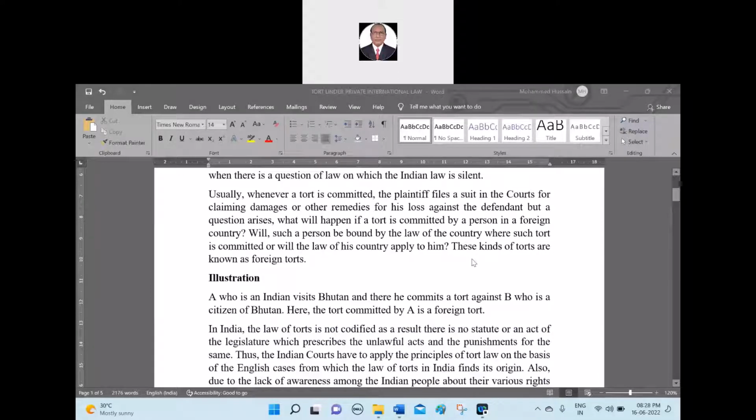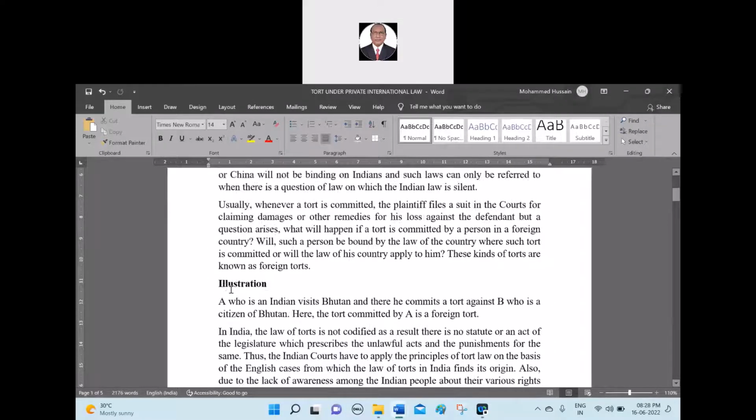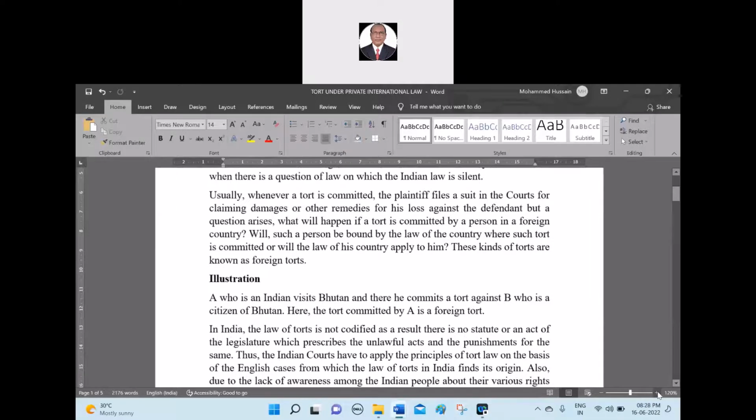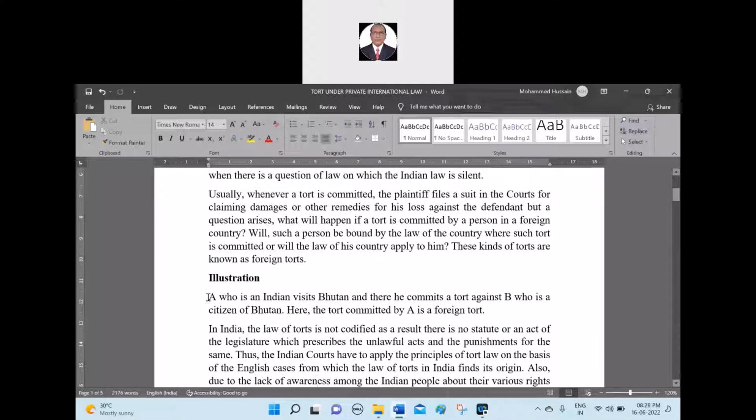Nicholas, can you unmute and read the illustration which I highlighted here? I enlarged it. Nicholas doesn't know how to mute or unmute. There are two buttons there. Unmute.